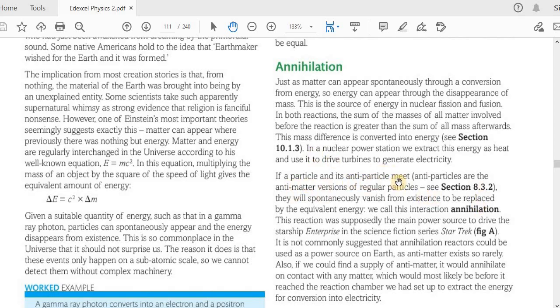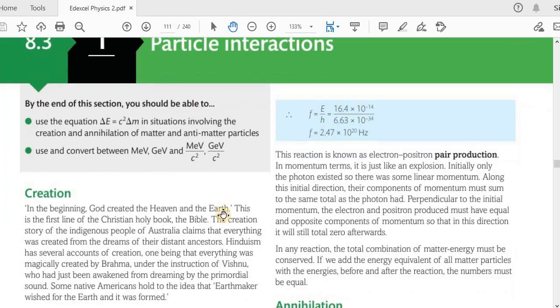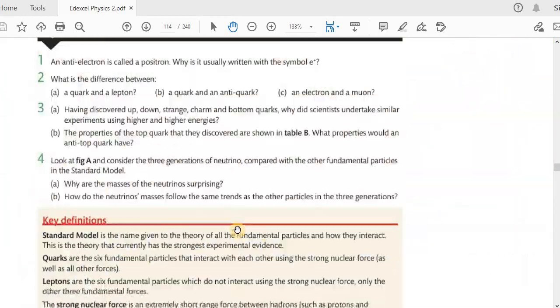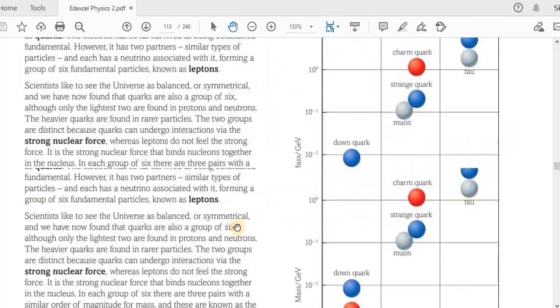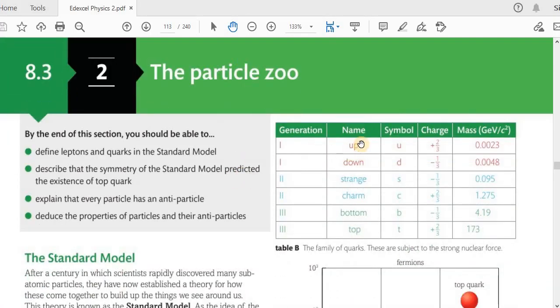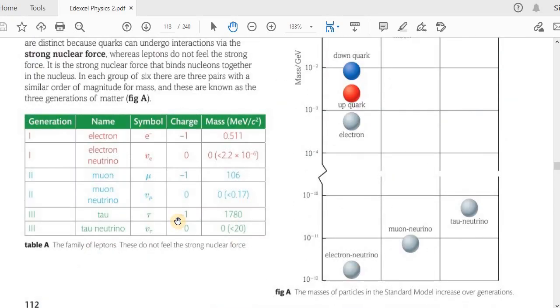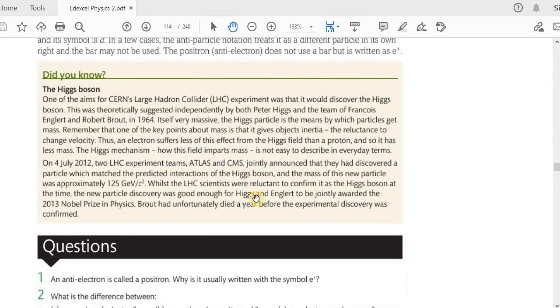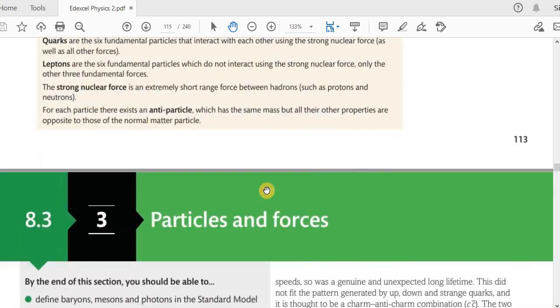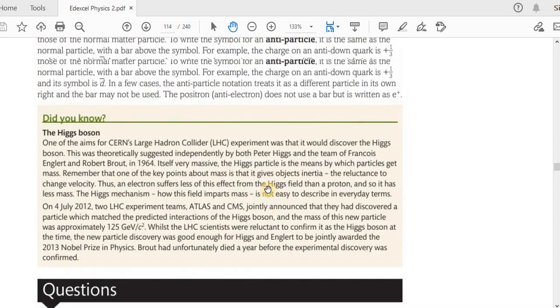If a particle and its antiparticle meet, antiparticles are the antimatter version of regular particles. So that is in the next section, 8.3.2. We are in 8.3.1, but we can have a quick glance at 8.3.2. Here you can see we will go into the details. Also in my notes I have the particles and the antiparticles.